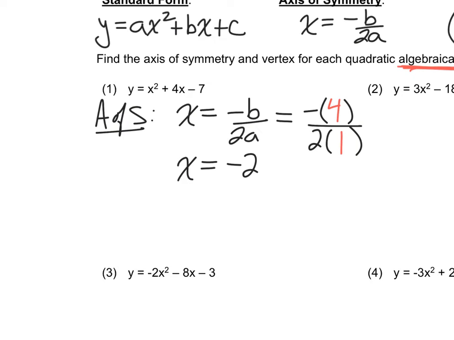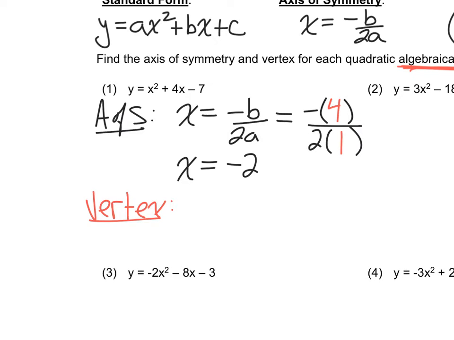And be on the lookout for a trick question in the multiple choice. I'm not an evil person, but when Miss Ingram and I sit down and create the test, we do try to make sure that you have the concept down. So one of the choices you can bet is going to say y equals negative 2. Another choice will say x equals negative 2.